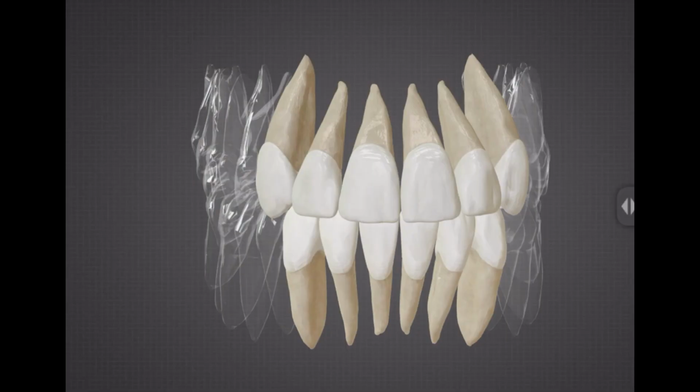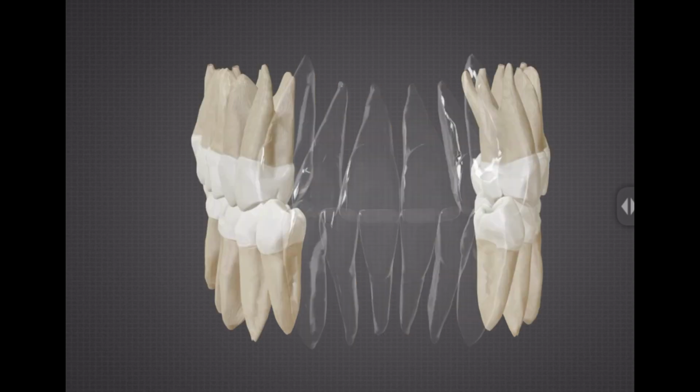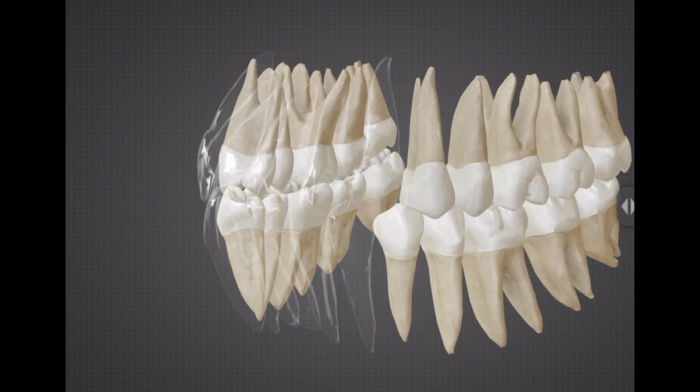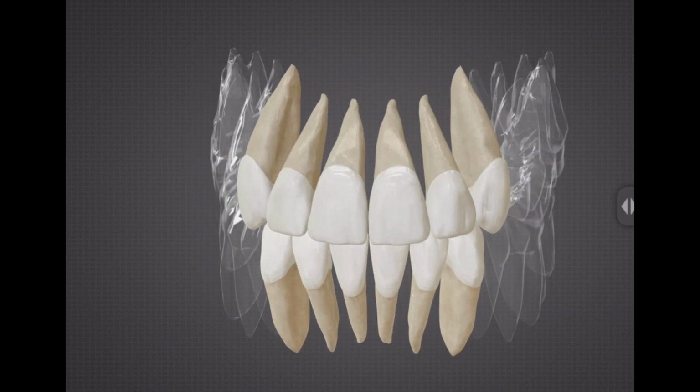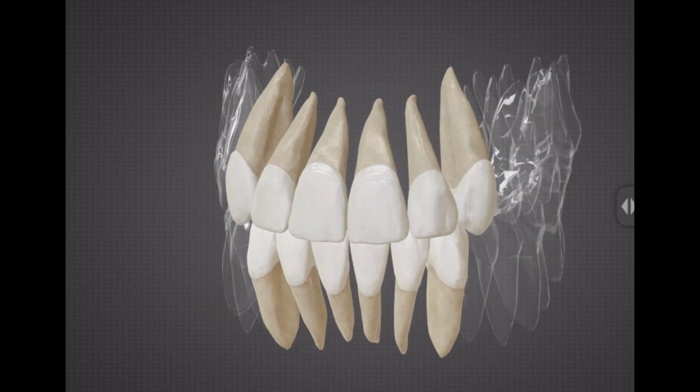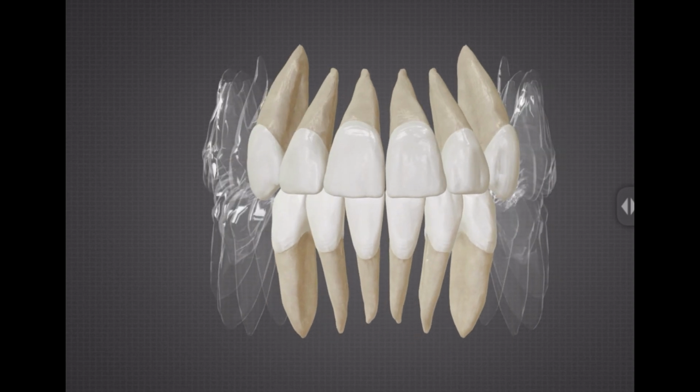You have two types of teeth, which can be divided into anterior teeth and posterior teeth. The anterior teeth are the teeth that can be seen when a person smiles. So I have to make a midline.